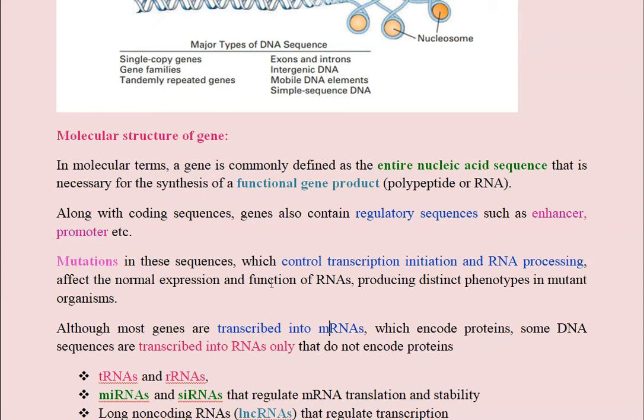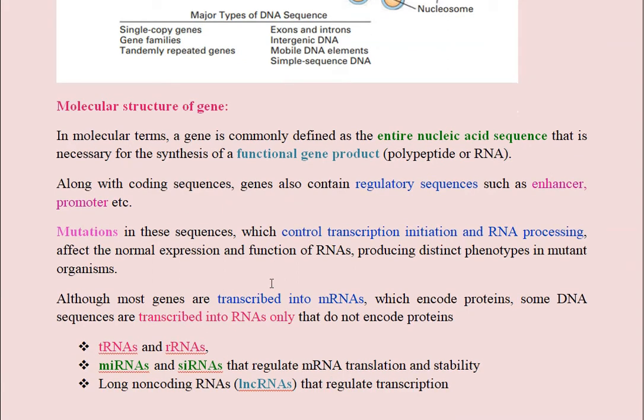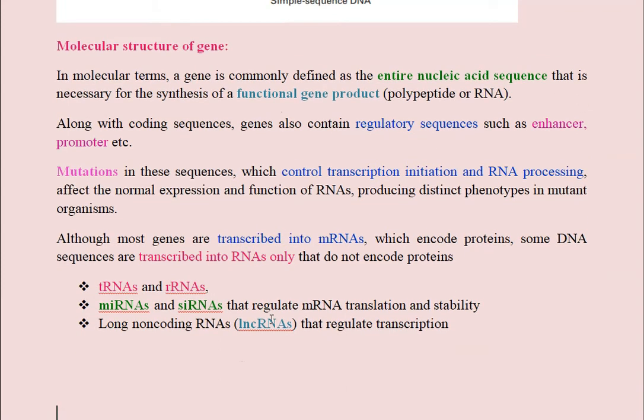Okay, so if there is a different protein or if there is no protein, an individual will get distinct phenotypes. Most genes are transcribed into mRNAs, which encode proteins. But some of the DNA sequences are transcribed into RNAs only, and these will not code for proteins.